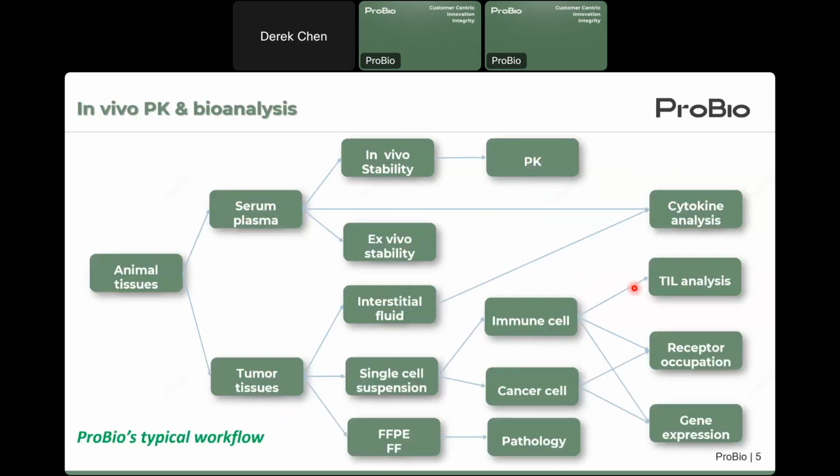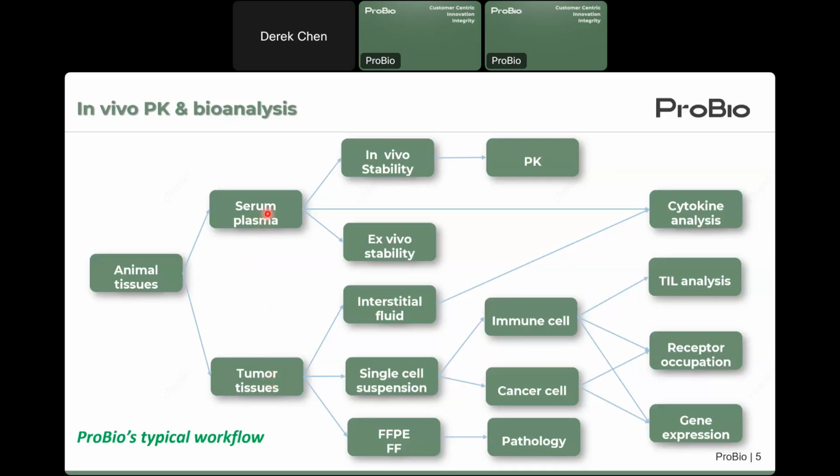To help everyone get a better understanding of the overall process, here is a high-level flowchart demonstrating the scope of analytical work. The animal tissue samples are separated into serum and the tumor tissues.